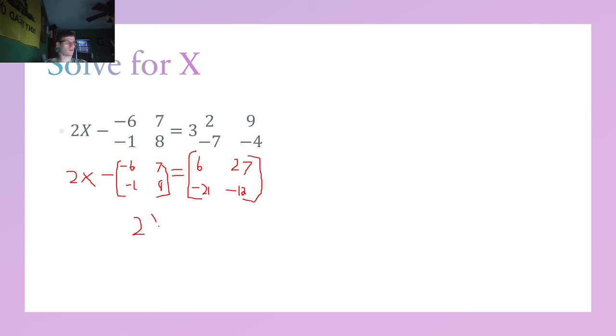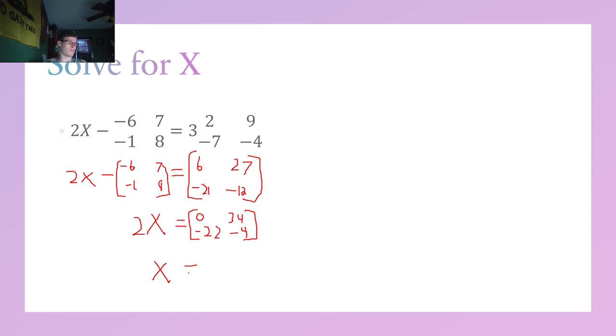That will give you 2x is equal to 6 plus a -6, because you're adding this to both sides. 0. 27 plus 7 gives you 34. Negative 1 plus negative 21 is negative 22. 8 plus a negative 12 gives you negative 4. That should be correct.